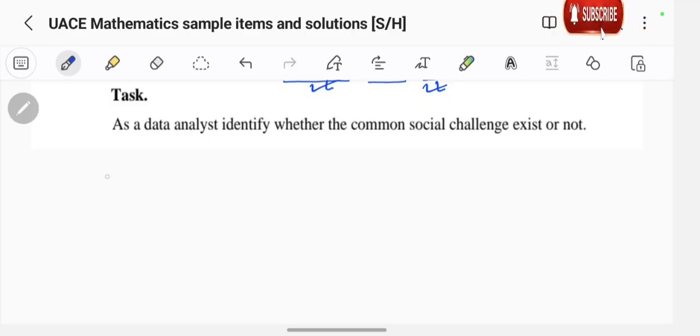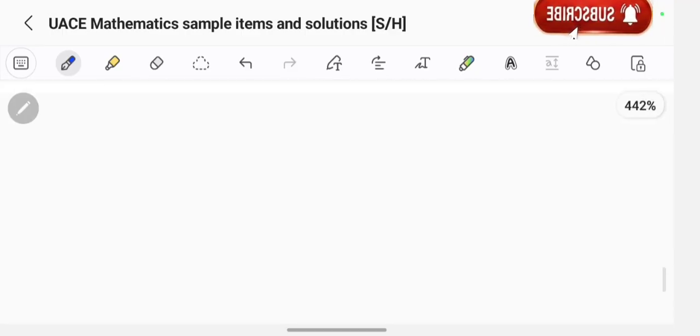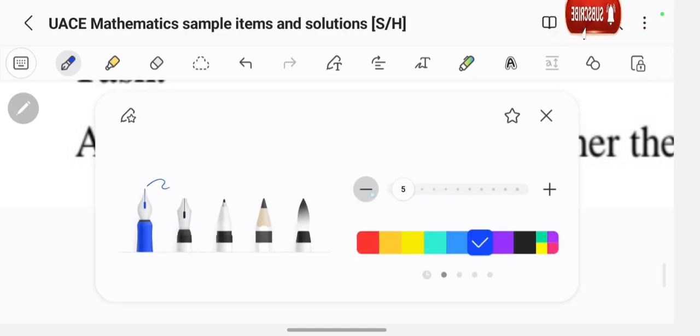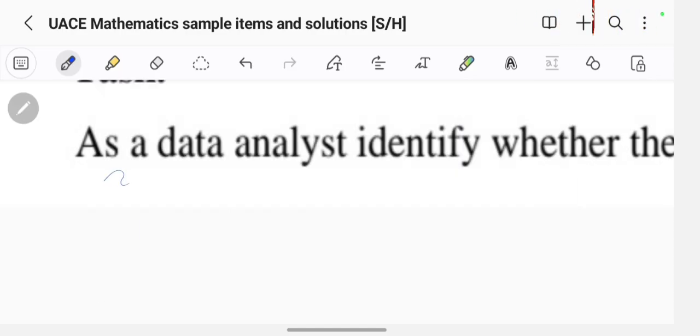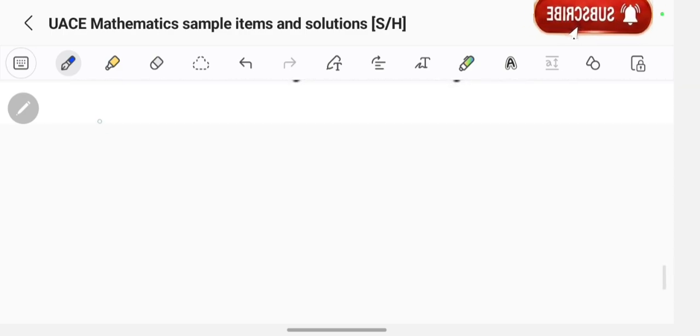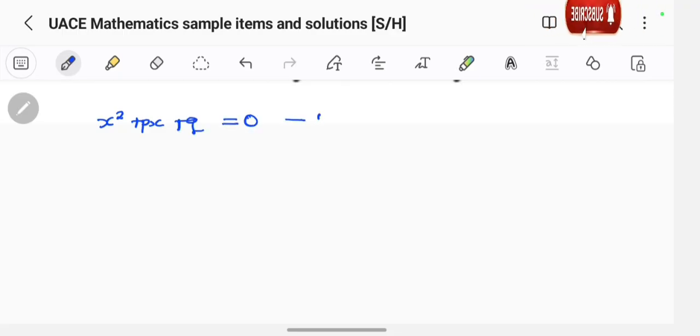So in this number we have our summary here. We have x squared plus px plus q, equating it to 0. I'll call this one my expression 1.